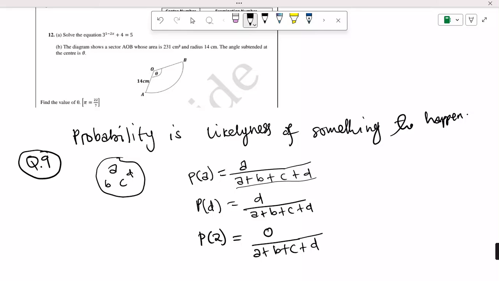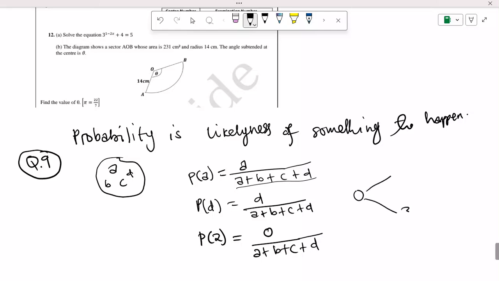So basically at grade 12, the questions they ask in probability are basic probability. We are not even supposed to go into details like finding the probability tree.